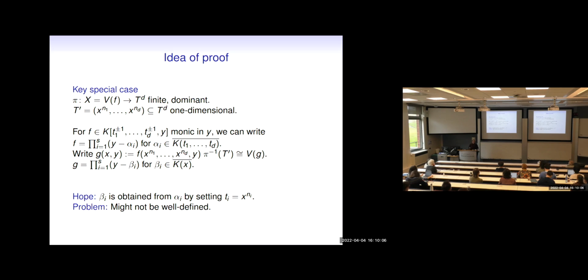Well, the question I'm asking is, is G irreducible? Let's think about factoring G. G has factors y minus beta I, where the beta I live in the algebraic closure of K adjoin X. One thing that could go wrong is if one of those beta I is an actual polynomial, not some complicated Puiseux series. Then suddenly G is reducible.